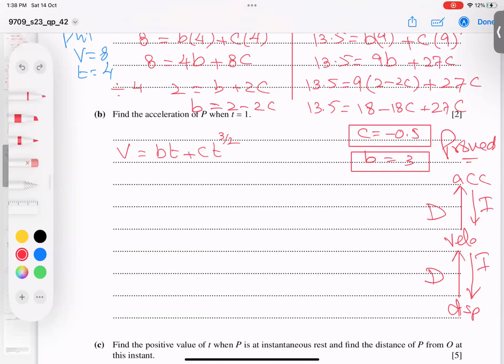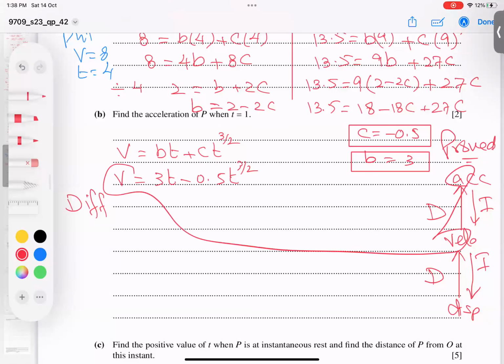And then because I need acceleration, I will differentiate. So planning is so simple. So I plug in the values. B value is 3, C value is negative 0.5 and t to power 3 by 2. I will differentiate. Differentiating, velocity will turn to be acceleration.